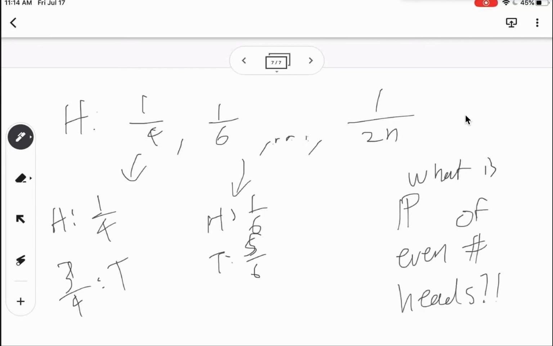One way to do this is induction. So we have the coins 1 over 4, 1 over 6, all the way to 1 over 2n, and the answer should be something in terms of n. If we list out the first few terms, we should be able to guess what the answer is, and then hopefully induct from there.